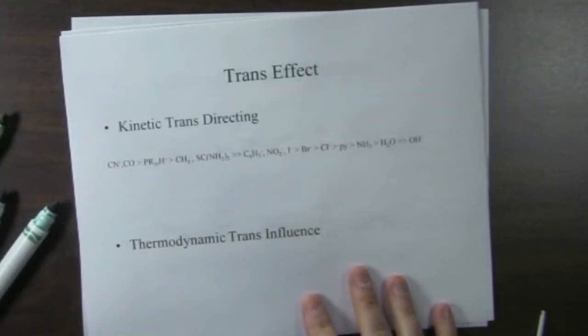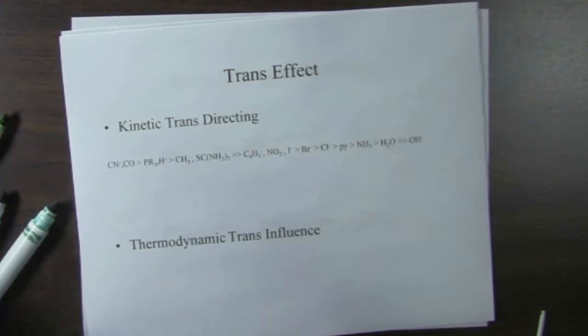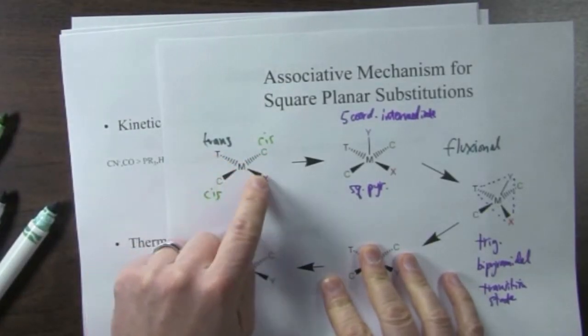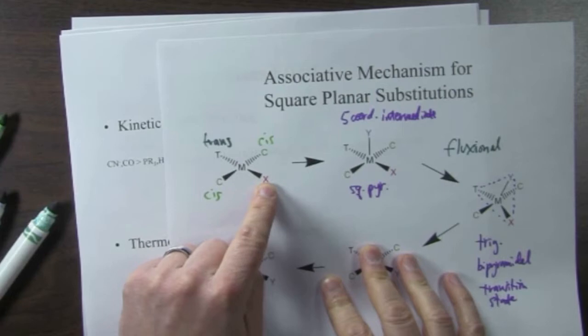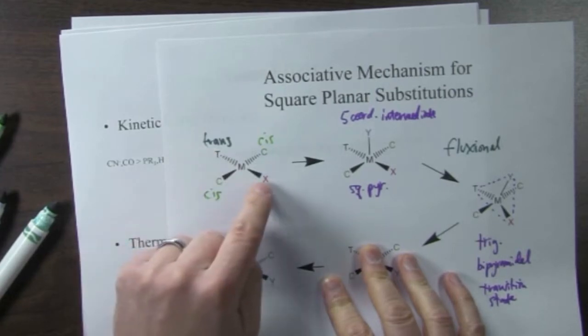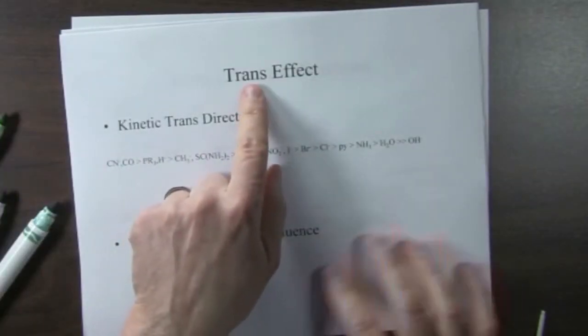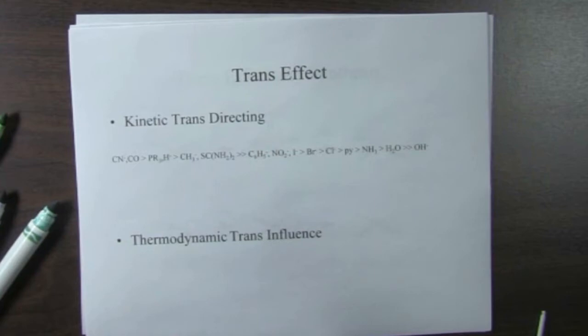So another effect, though, of considering the spectator ligands is to note again that some of those spectator ligands in the original complex were trans to the leaving group, and some of them were cis to the leaving group. And this is going to have an effect. The type of ligand that is here can affect what happens over here. This is called the trans effect. And there's actually two aspects to the trans effect.